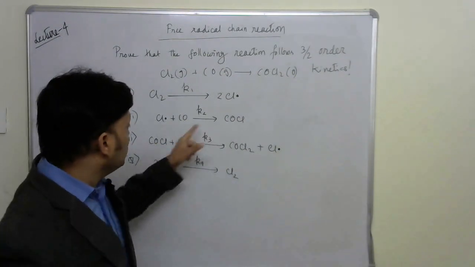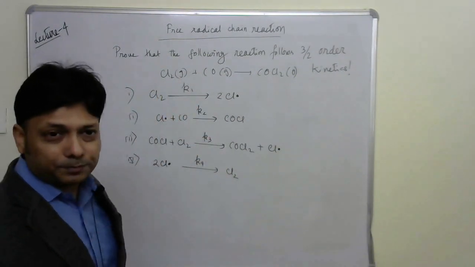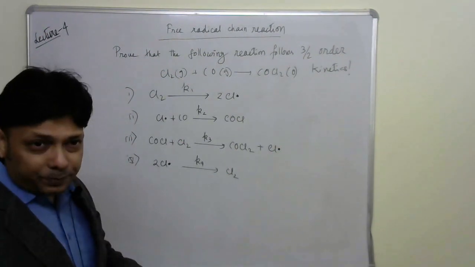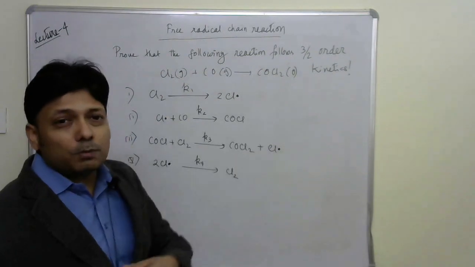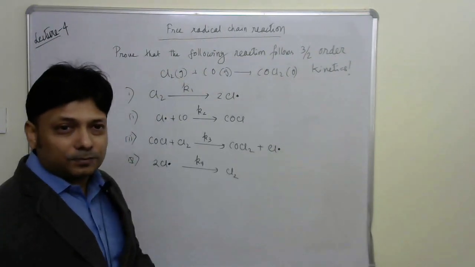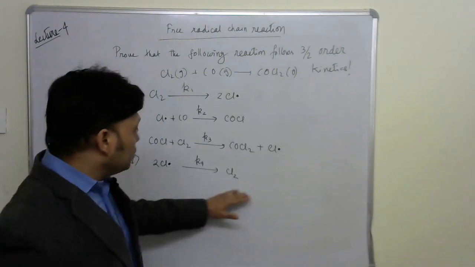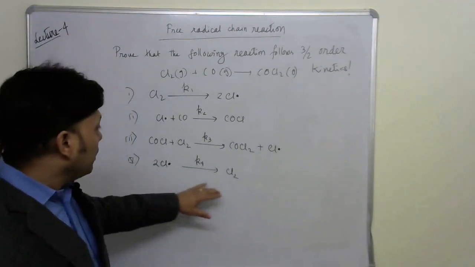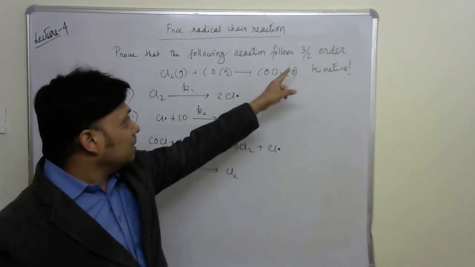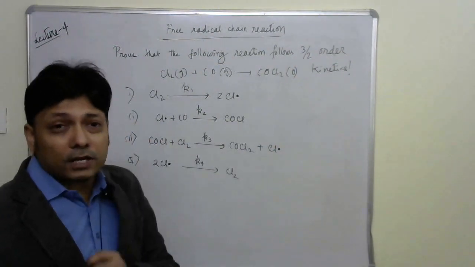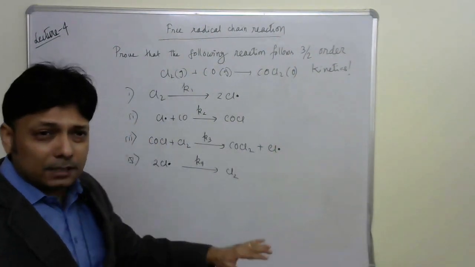So pick the intermediate species from this reaction, and lastly prove that the following reaction follows 3/2 order kinetics. Okay, so it's your job to prove that this free radical chain reaction is governed by 3/2 fractional order kinetics. So now, does it make sense?